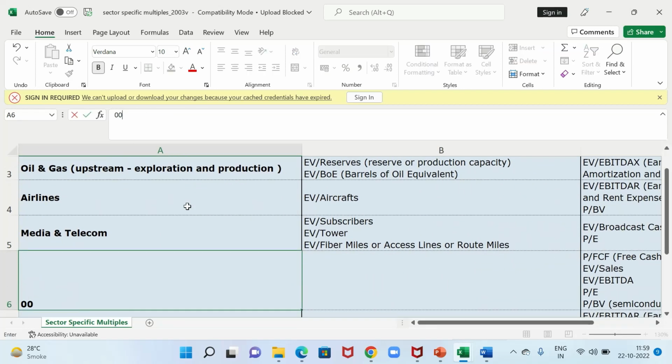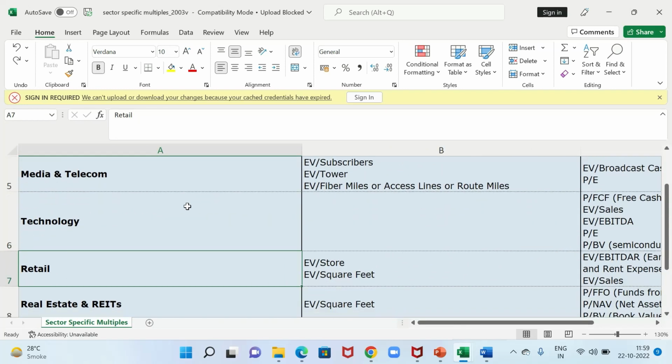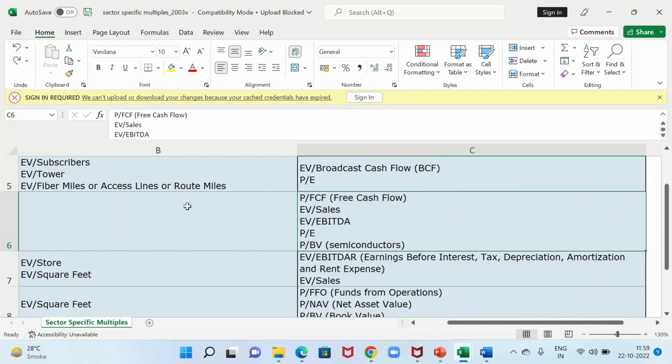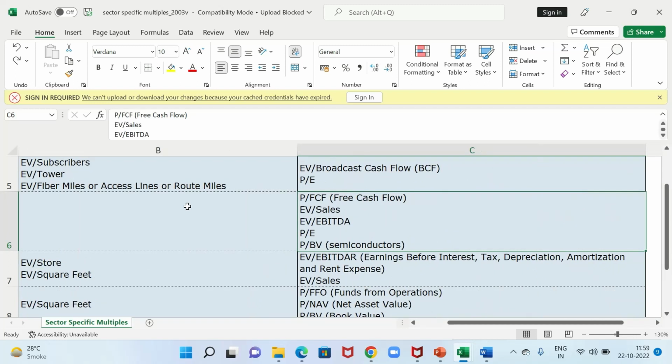Technology. Again, technology will not have an operating metric as such. That depends on subscribers, MAU, number of hits. Free cash flow is one of the important metrics.